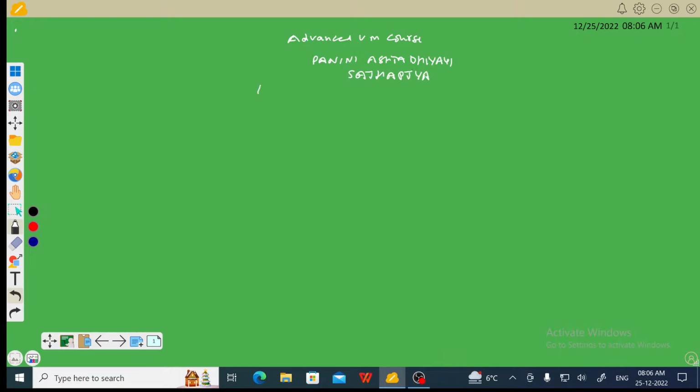This is lesson 3. Panini Ashtadhyayi is the source scripture in terms of which we can reach the Vedic domain. It's a Sthapatya.